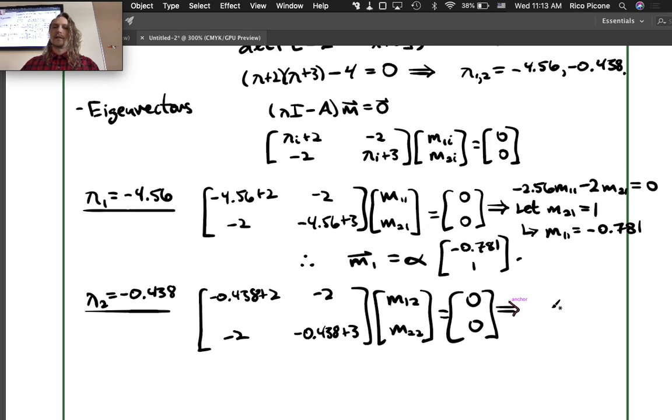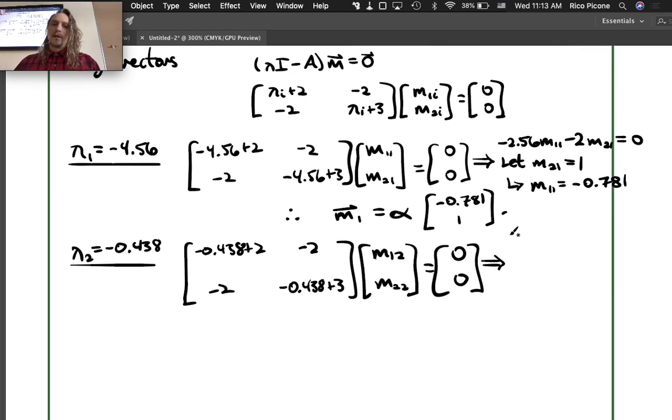The first row gives the equation 1.562 m12 minus 2 m22 equals 0.